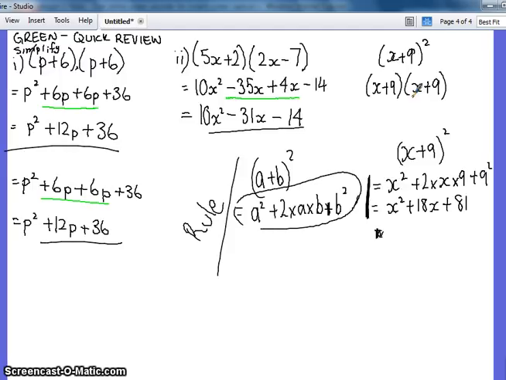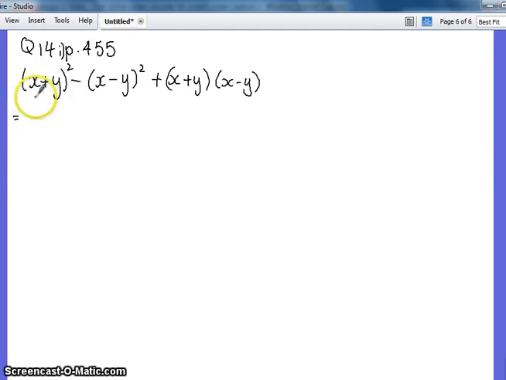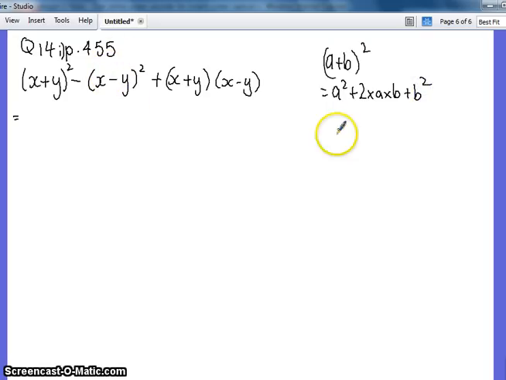Okay? So the first thing that you do with this one, mate, is you look at that and you say, well, that's a perfect square. Yeah. Okay? So that's using that. Alright, and then this one is using the difference of two squares, which is that one.